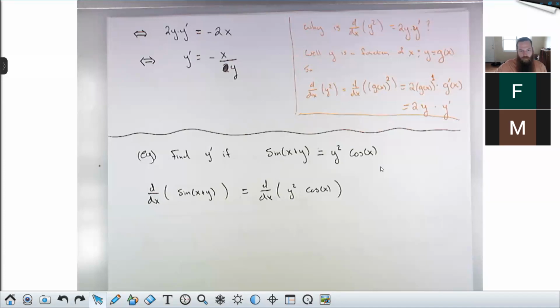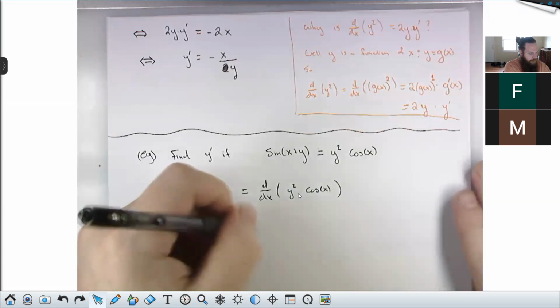The left-hand side is going to require some chain rule for sure, because I've got the sine on the outside, and then I've got this x plus y on the inside. The right-hand side is going to require some product rule, right? Because I've got some multiplication going on over here. So let's do the right-hand side first.